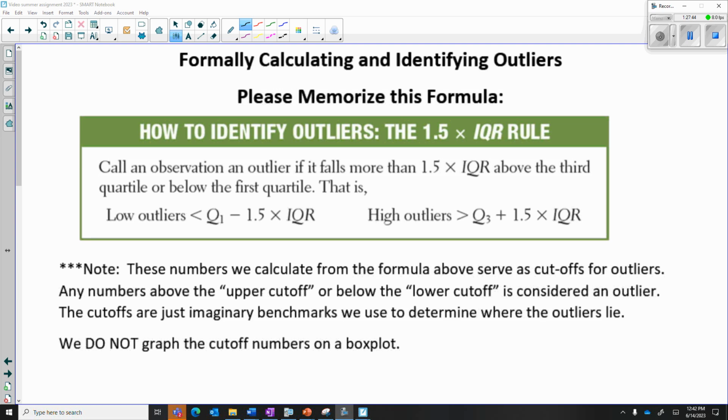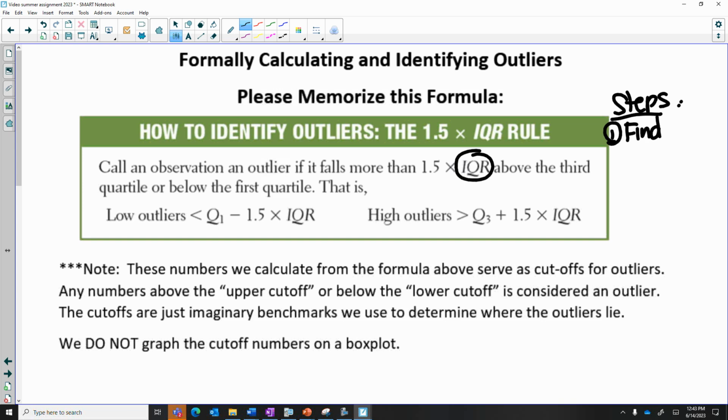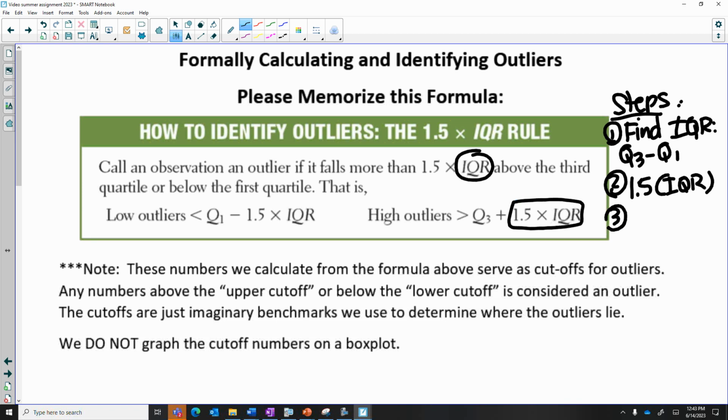So the first thing we have to do is find the IQR. I'm writing it out here, step by step. First, find the IQR, which is Q3 minus Q1. That's the interquartile range, okay? After you do that, you're going to multiply it by 1.5. And that number, you're going to add to Q3, Q3 plus this number, and you're going to subtract that number from Q1.